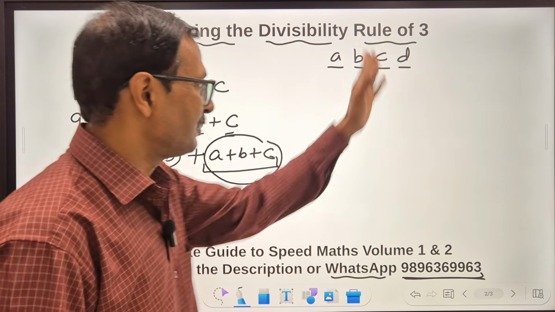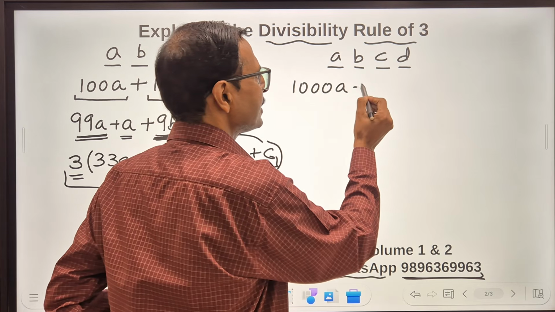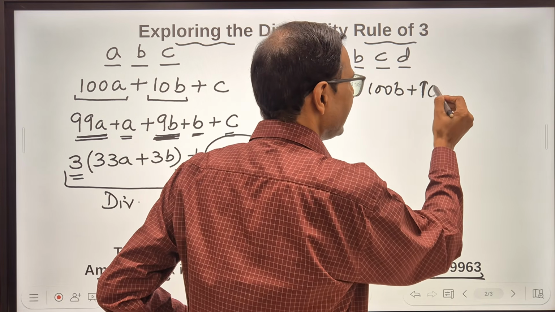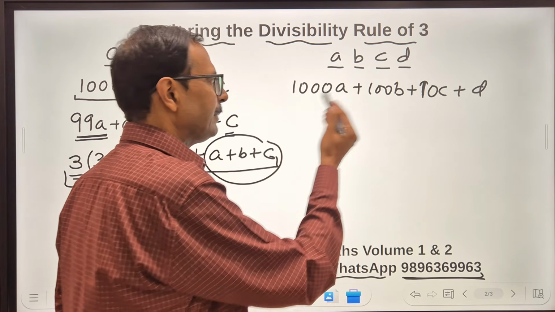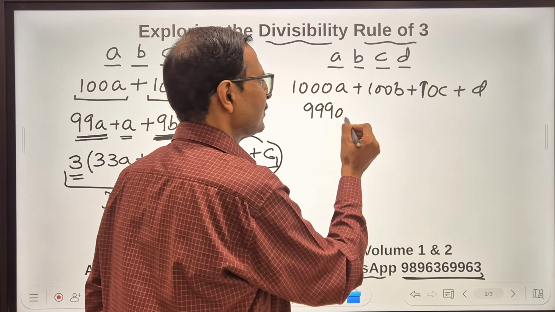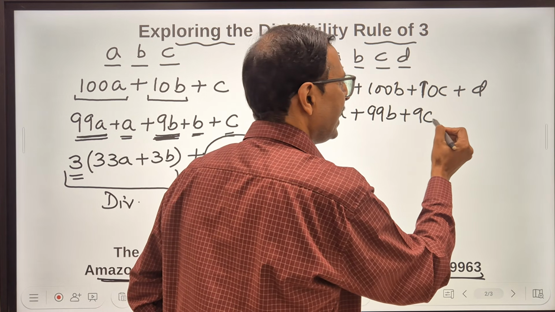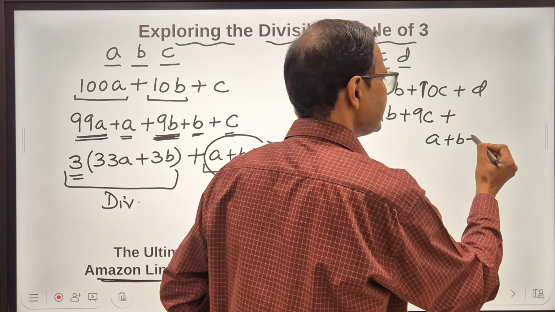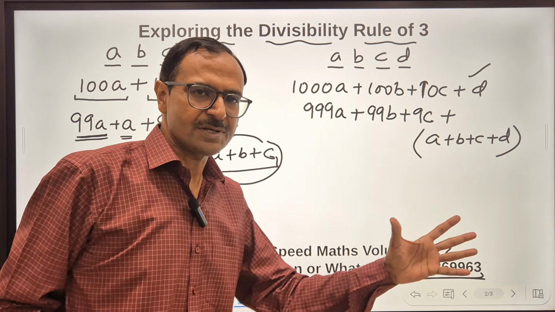So friends, 4-digit number, right? Let's write it in expanded form. 1000A plus 100B plus 10C, right? And then the D. Now we have to extract 1A, 1B, 1C out of these. So this becomes 999A, this becomes 99B, this becomes 9C, and since I have extracted A, B, C, so A plus B plus C, and finally D is already here, this remains as such.